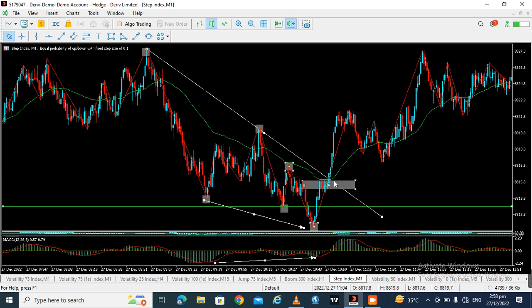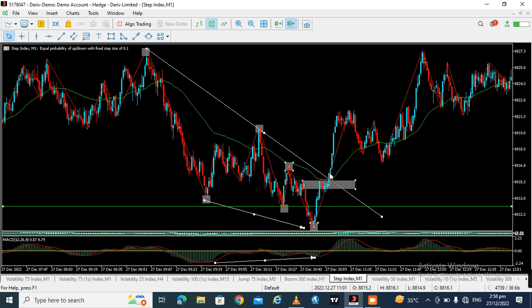If you look at your indicator window, the MACD, you notice that the histogram lines are beginning to form above the 0 level to confirm that the trend has shifted upwards. Again, the 50 EMA, as you can see, is now below the price.